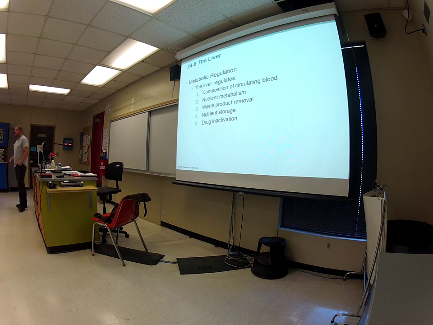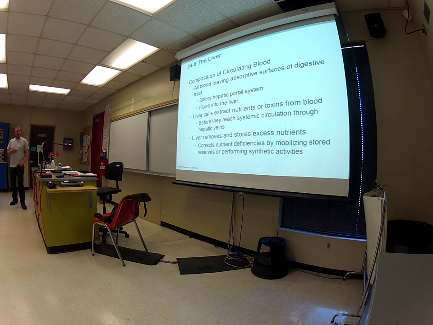In that process, it gives up some of its other processes, such as nutrient storage. Well, it increases that process. Nutrient metabolism, it stops that process. So what happens to your liver? It becomes fatty. If you look at the liver of someone who's a chronic alcoholic, guess what it is? Fatty.